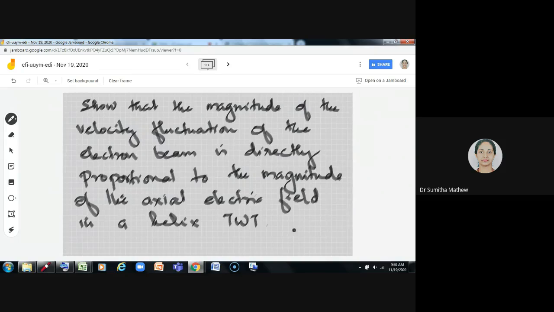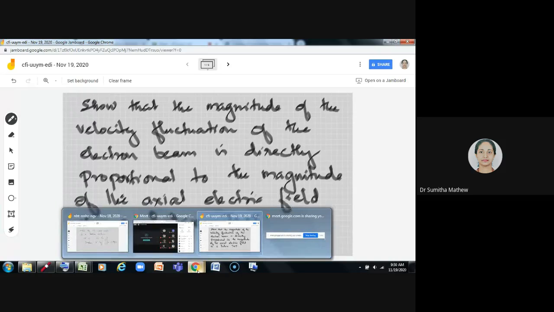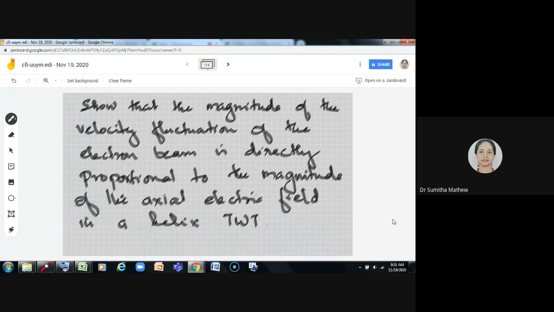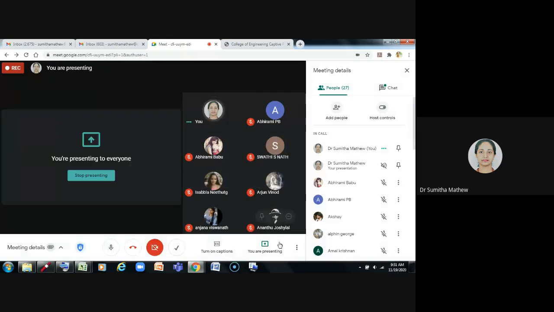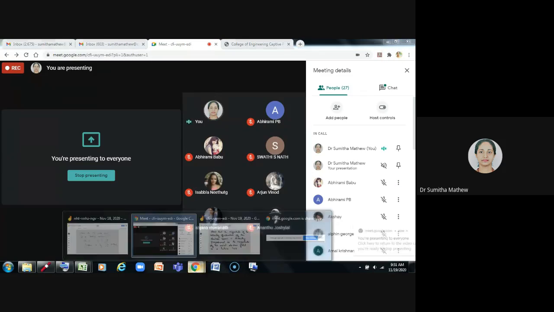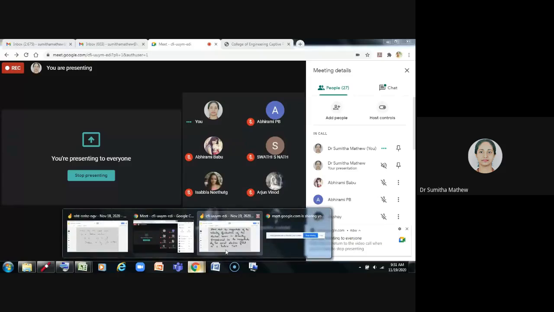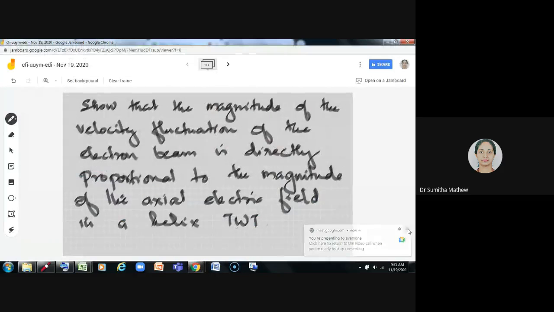So that the magnitude of the velocity fluctuation of the electron beam is directly proportional to the magnitude of the axial electric field in a helix TWT. That's our question. We have seen that the principle of working includes velocity modulation in a helix TWT.